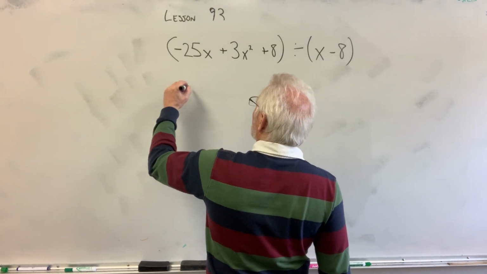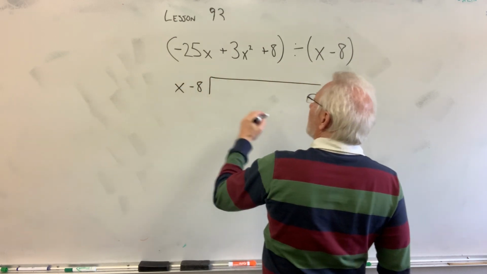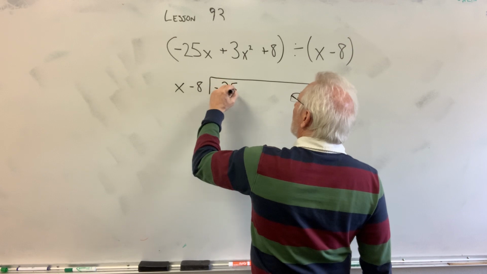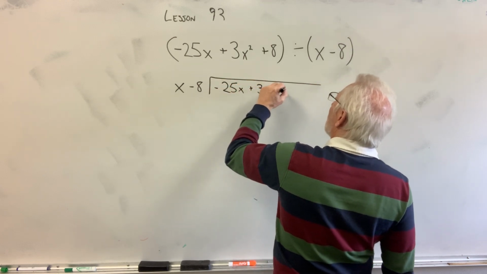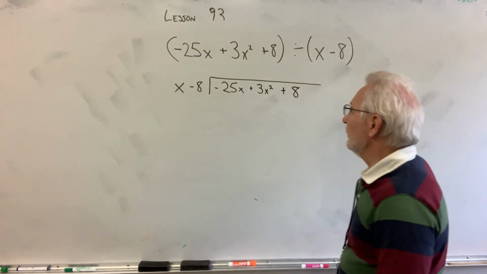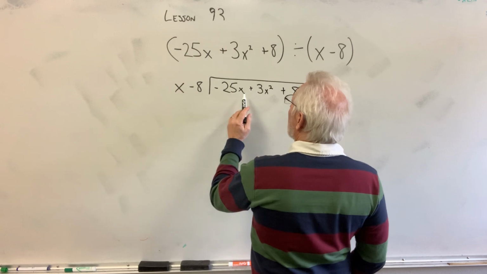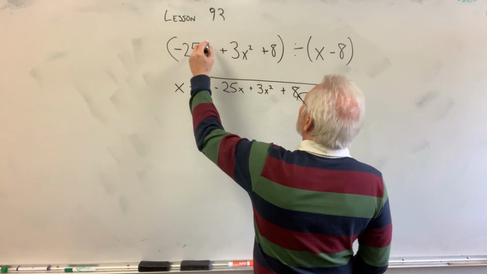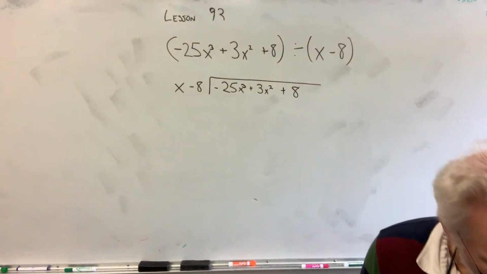We're going to pretend like it's a division problem, which it is, and we're going to write it like this. Okay, so here's what we're going to do. We're going to start with the one that has the, I know this is cubed.